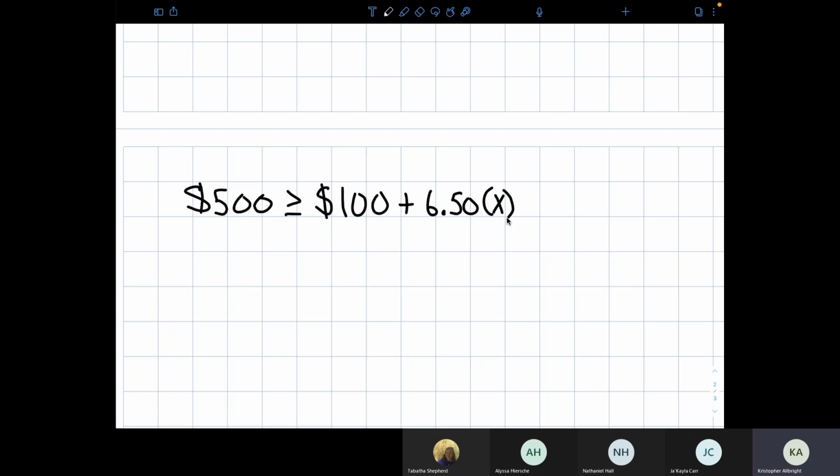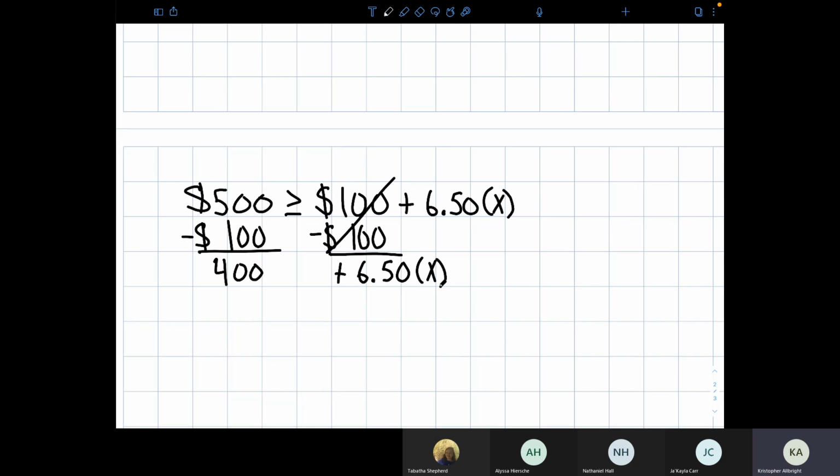So we work this one the exact same way. We are going to subtract 100, exactly. So this is going to give us 400 on the left side and plus 6.50x on the right side, I'm sorry.